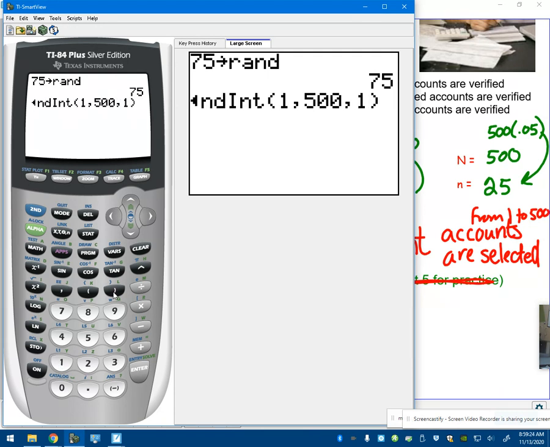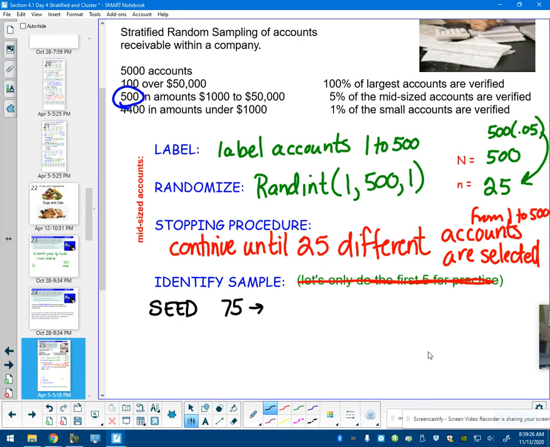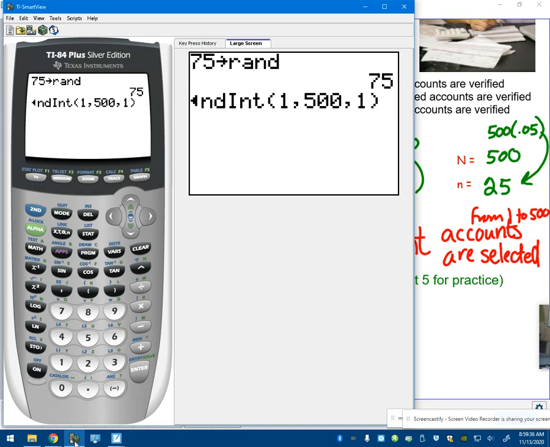And now we pay attention to this down here. It says, let's only do the first 5. You don't have to write down all 25. I just wanted you to get started. Hit your calculator. Hopefully you only have to hit that button 5 times. I'm going to call on somebody to tell us what those numbers are.